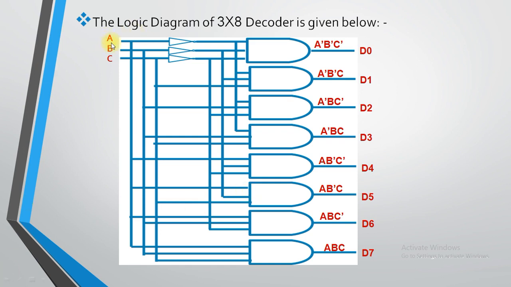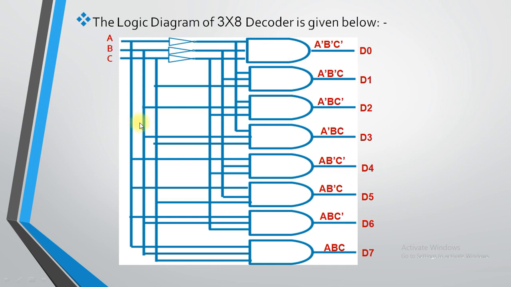Here you are able to see that there are 3 inputs and 8 outputs. 8 gates you need to draw, logic you need to write, output lines you need to write, and based on the input, for the first case the complemented value of all the variables you need to pass. You can draw the logic diagram without looking at this particular screen. By yourself only you need to draw in the book, right? It is very easy to draw the logic diagram.